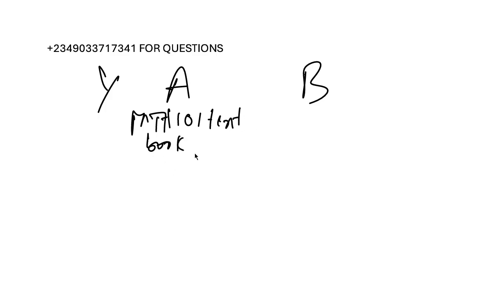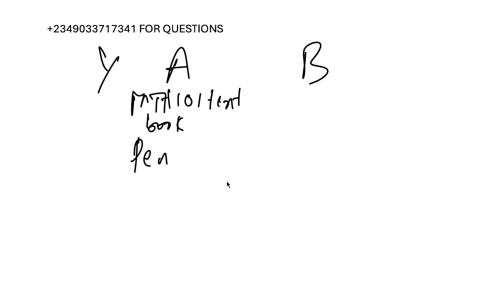Please pay attention. I just want you to get this right. And then you now have a pen. And then you are holding these two materials, a Maths 101 textbook and a pen. And then this binomial theorem is just discussing the possible ways of sharing. So what are the possible things that can happen?